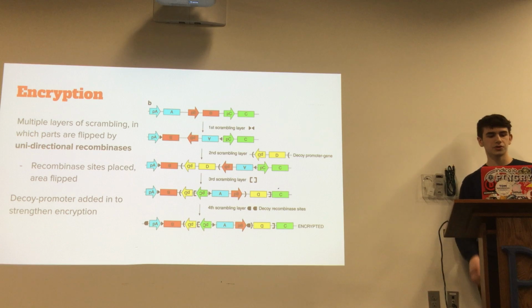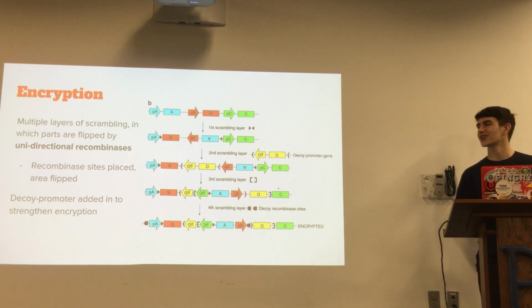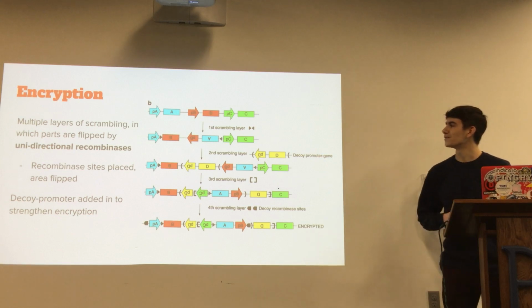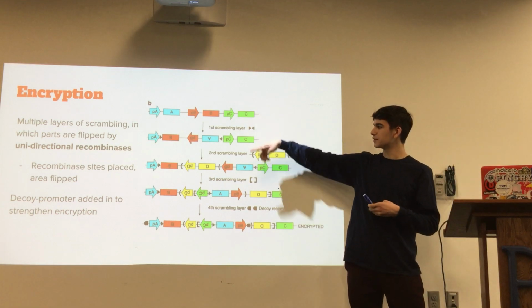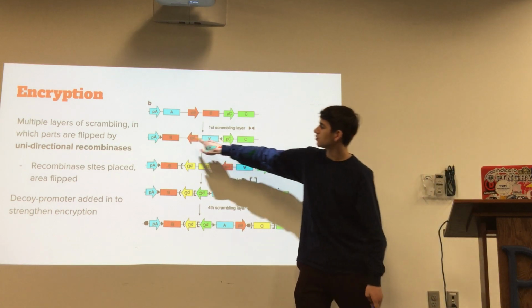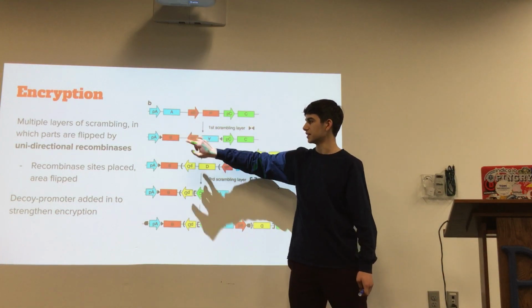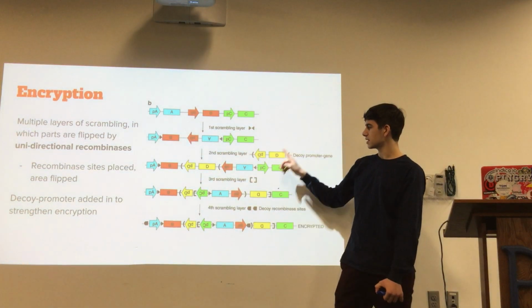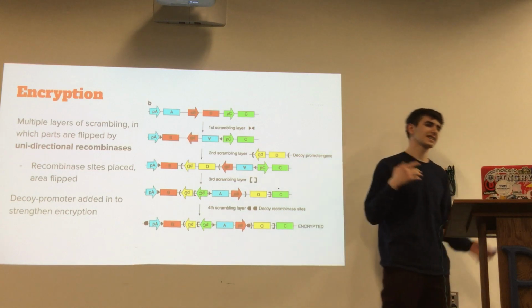So the way they encrypted this, they used these special things called unidirectional recombinases. It's a mouthful. But essentially they put these into the original circuit, which we see above, and these two recombinase sites are placed and flip whatever is in the gene. And then they do that with multiple layers, and in between the first and second layer they add something called the decoy promoter, which essentially acts as a sort of password.